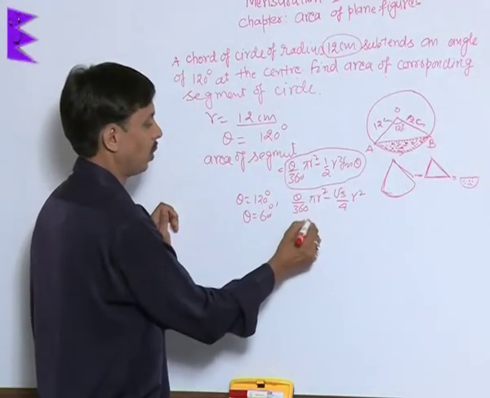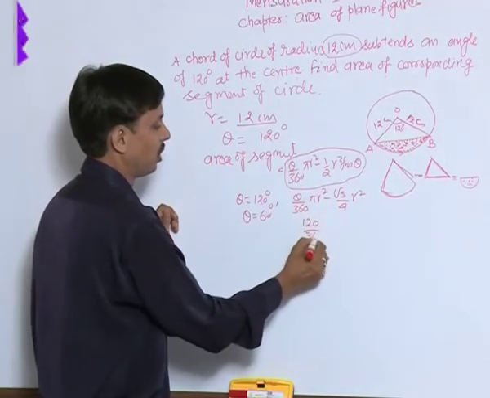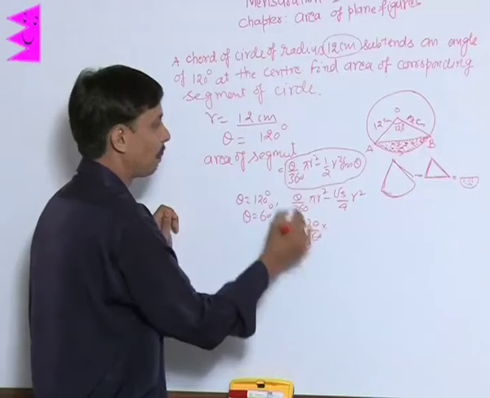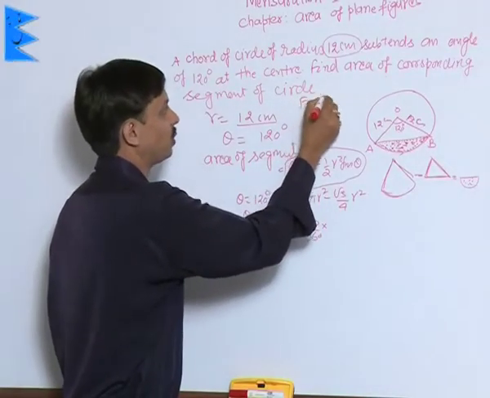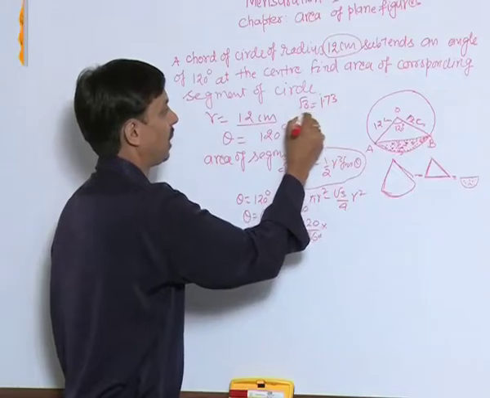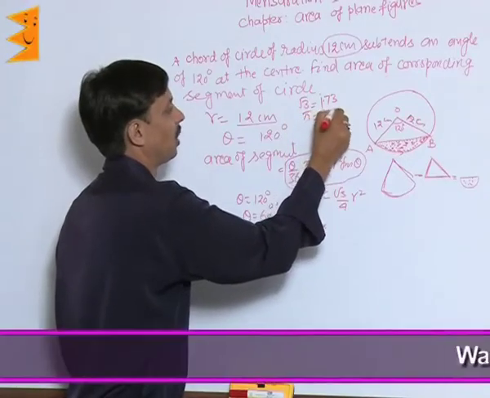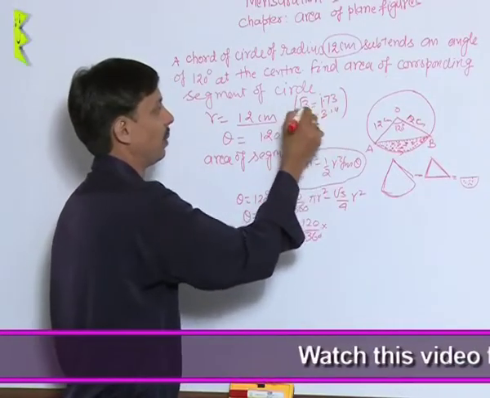We will get 120 upon 360. The value of pi we have to use is 3.14 and root 3 is 1.73. These are the two given conditions.